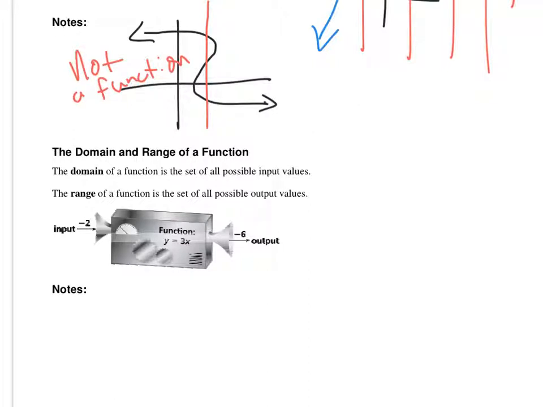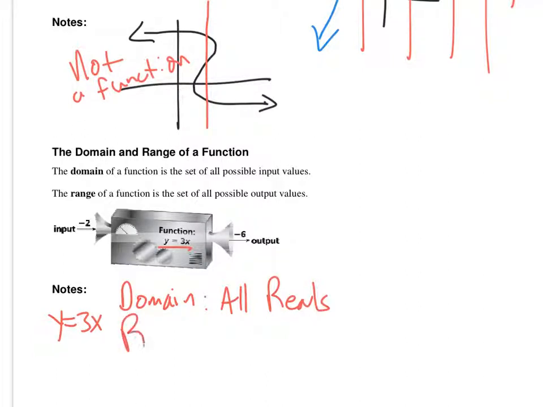Okay? A domain is all the numbers that could go in, and a range is all the numbers that could come out. So for this kind of function here, y equals 3x, we can put any number in. So the domain is all real numbers. Okay?